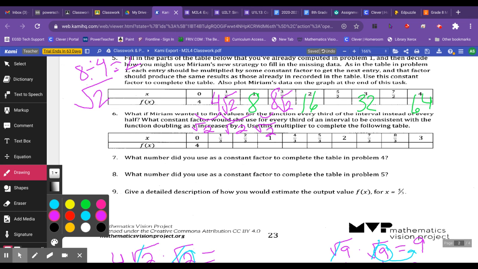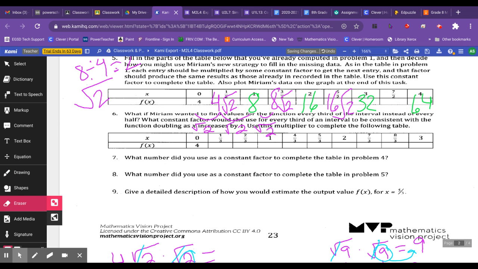I'm at 16 again. 8 times 2 is 16. 16 square root of 2 times square root of 2. Those cancel. Just 16 times 2. And 32. I'm running out of space here. Let's see if I can get this to fit in. 32 square root of 2. Then I get 64.